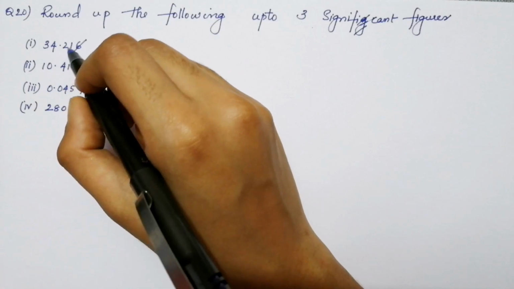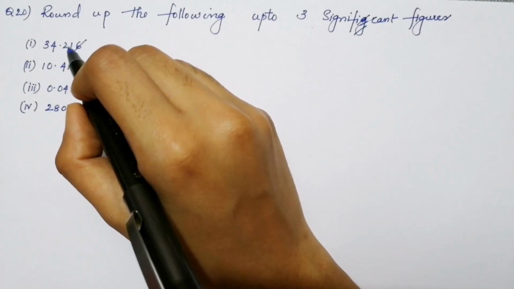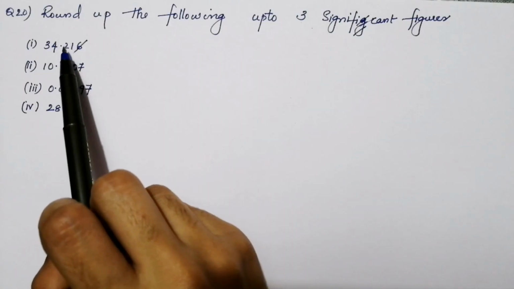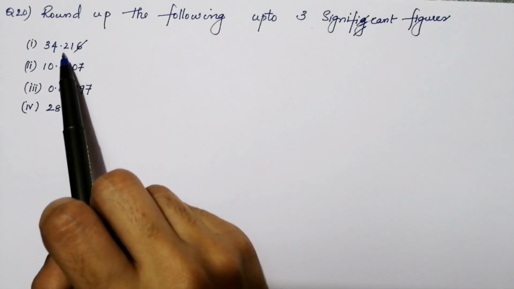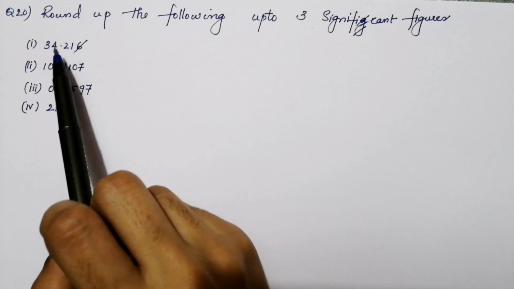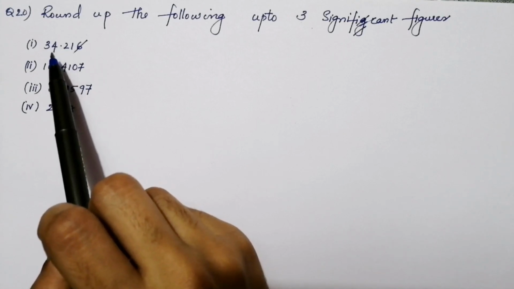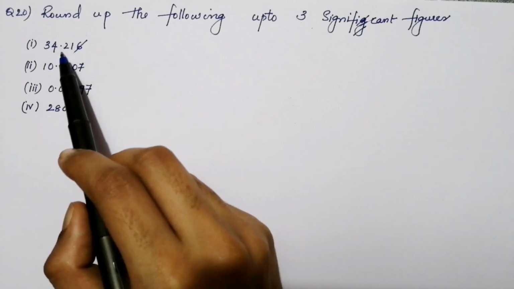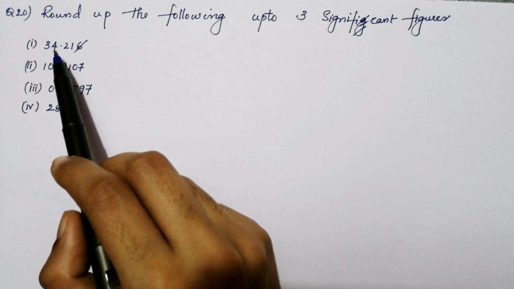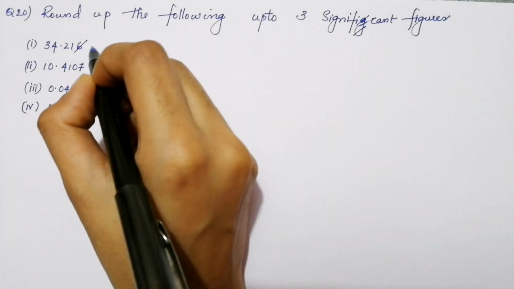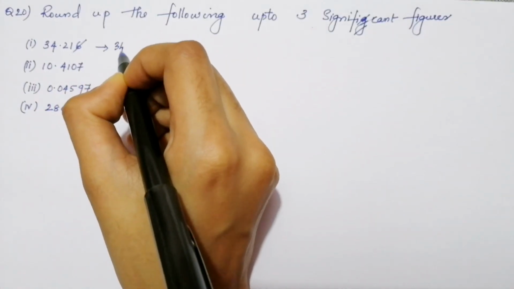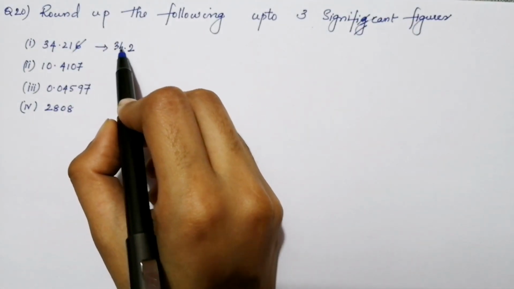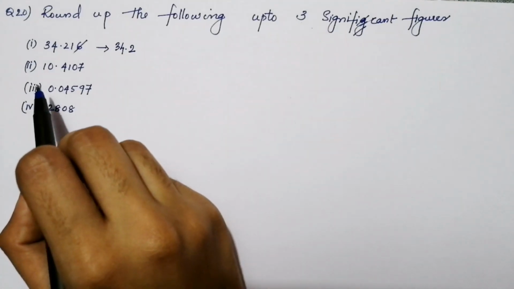Now, if we are avoiding this 1, according to the rule of rounding figures, when we have a number which is less than 5, we keep the number as itself, and when it is 5 or more than 5, we add 1 to it. That is how we eliminate numbers. Here when we are avoiding this 1, we have 2 which is less than 5, we keep that 2 as 2 itself. So we have this number rounded as 34.2. Now we have 3 significant figures in this, 3, 4 and 2. So that's how we do the first question.